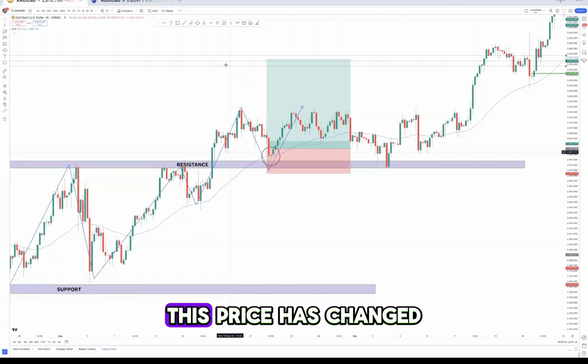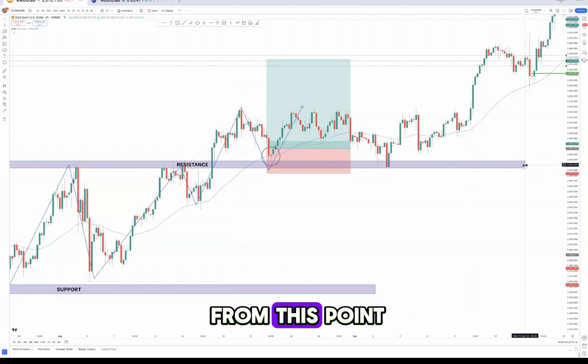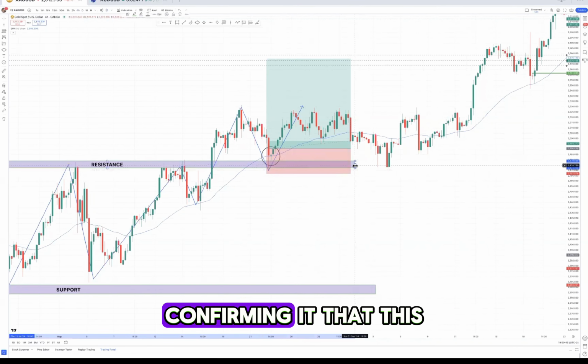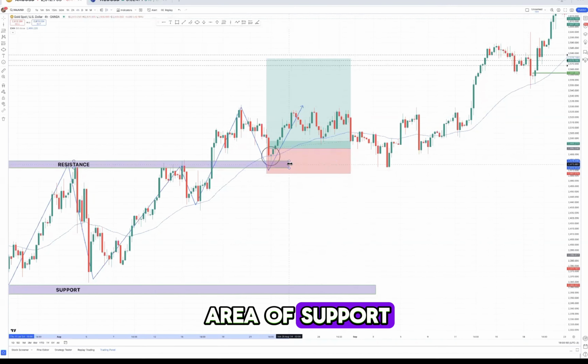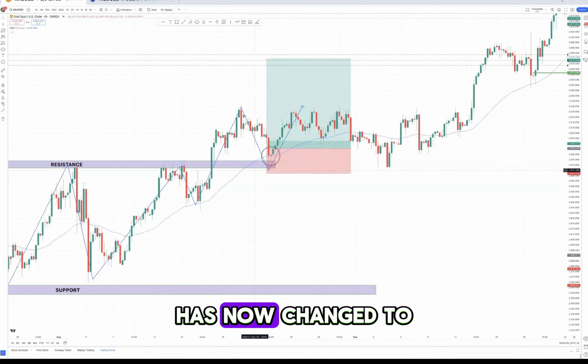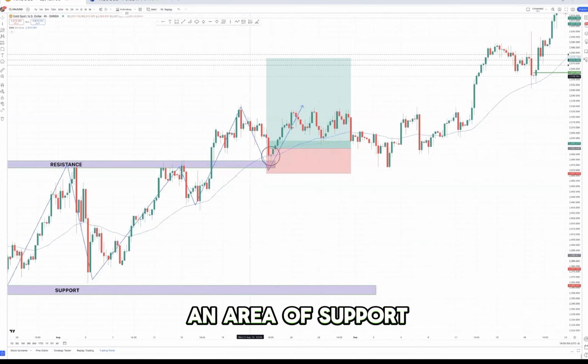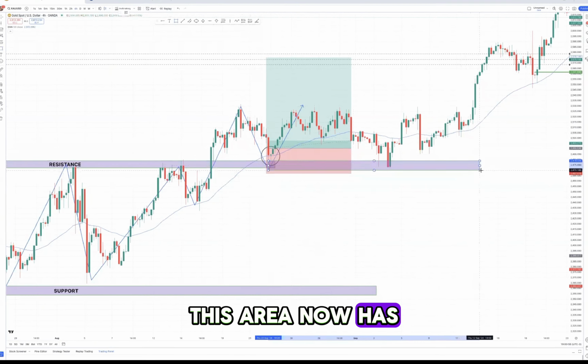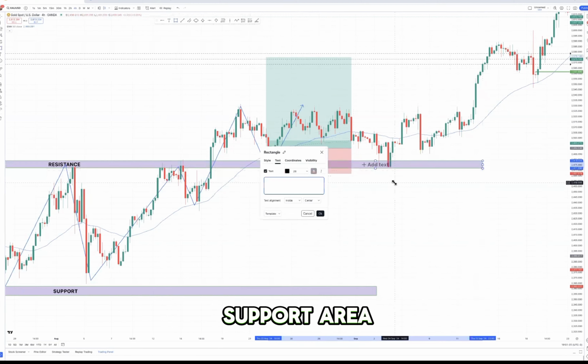So in that case, price has changed from this point, confirming that this area of resistance has now changed to an area of support after the retest. So you can see this area has now turned to a support area.